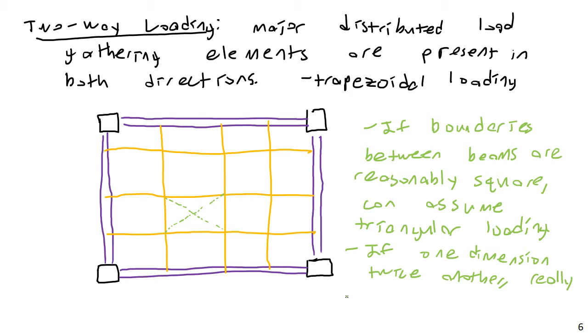If you want to do this really accurately, you would always use trapezoidal loadings if it's not a square. But you especially need to use trapezoidal loadings if you have one dimension twice another. Let me show what I mean by this.